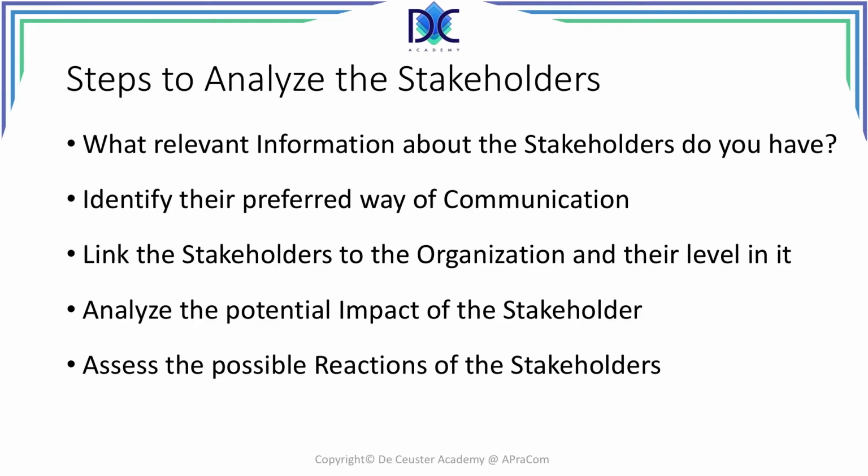Stakeholders have to be evaluated or analyzed about the potential impact they can have on your project and what are the possible reactions they have or can have according to the situations that may occur.